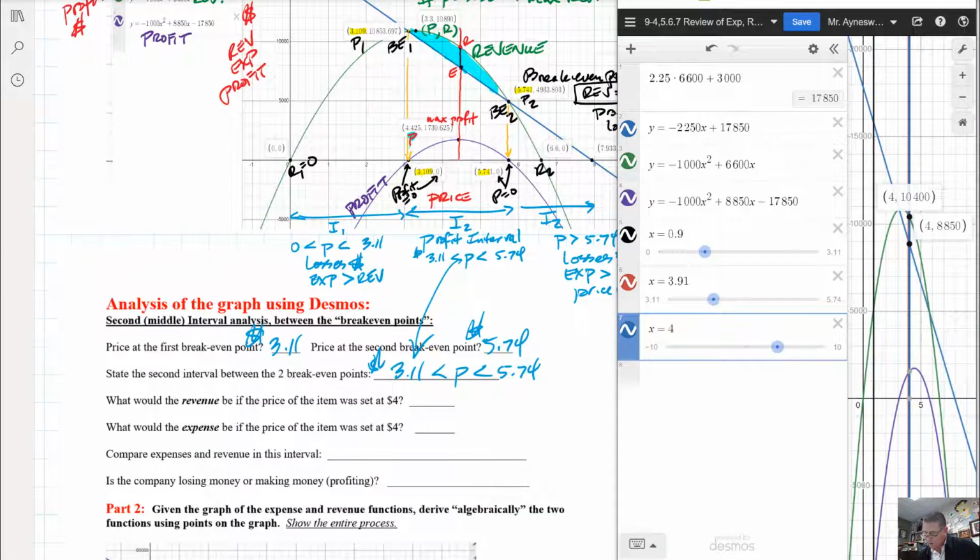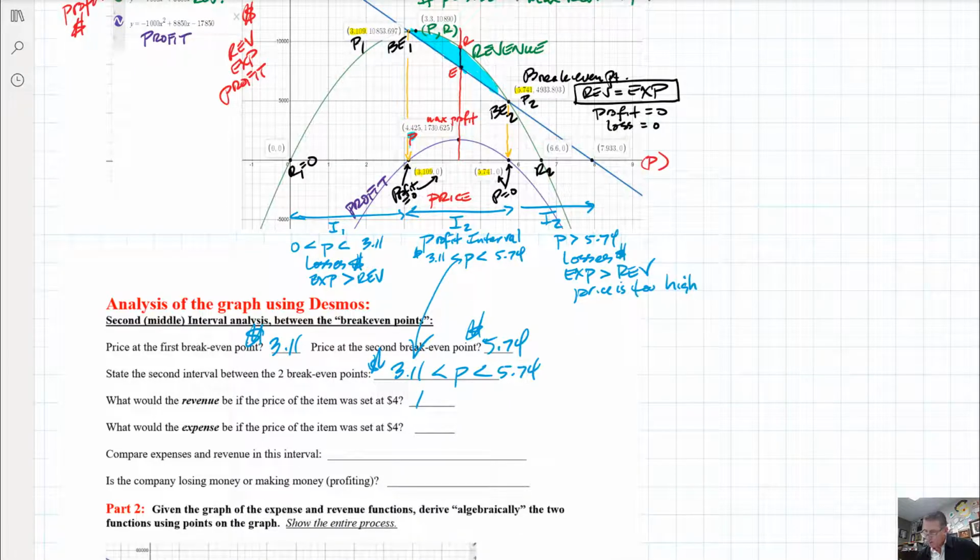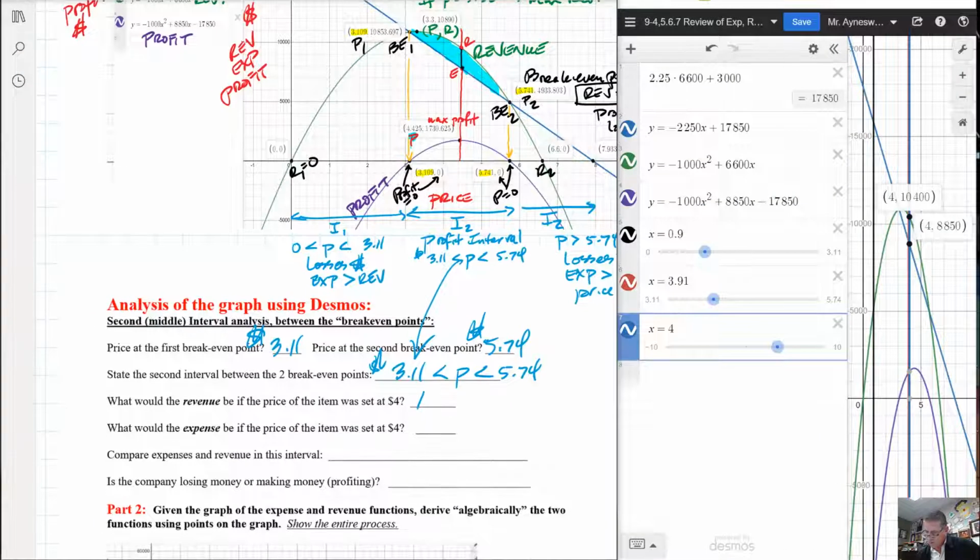At $4, the revenue is $10,400. The expense, if you look at the graph here, is $8,850. So revenue is greater than expense. That's a good thing, and the company's profiting in this case.